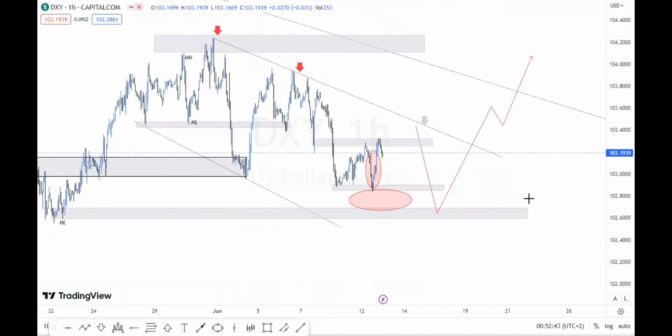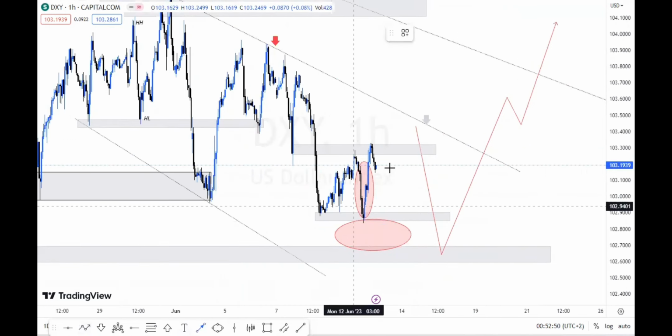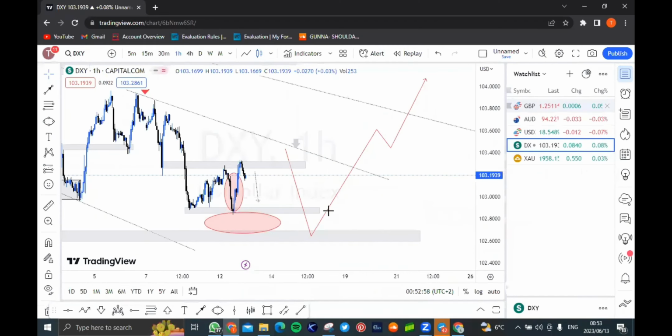I don't know, man, I'm probably just reaching. But if price is going to be dropping from here for now, this is a short-term price action we might be expecting. What would that mean for our GBP USD?